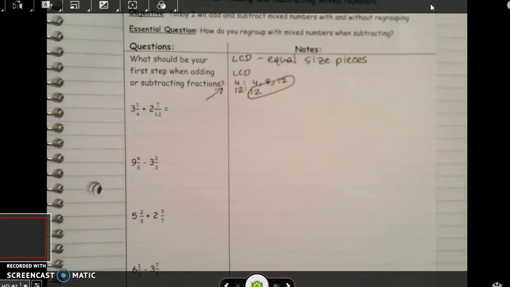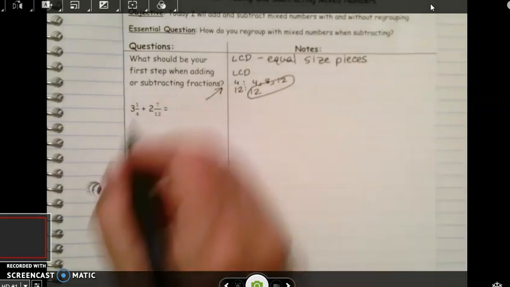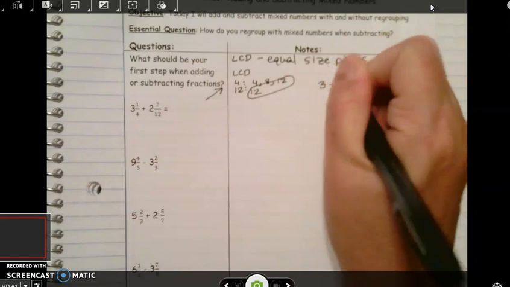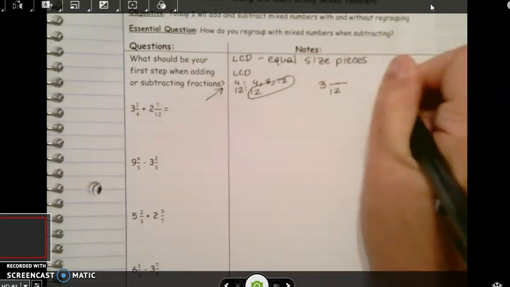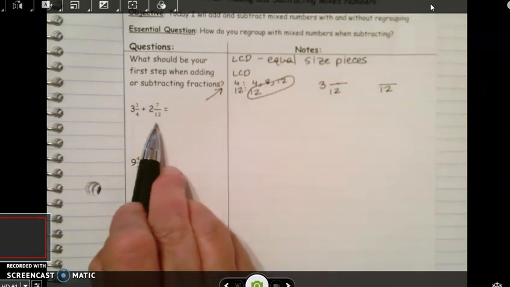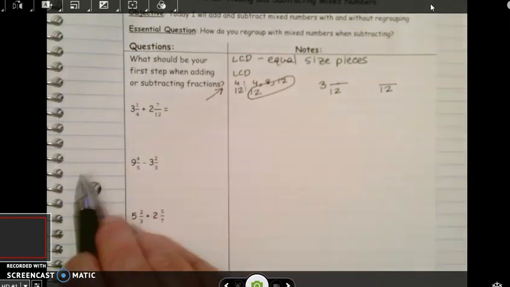So both of these I'm going to transfer over here, but I'm going to put a 12 here and a 12 here. So hopefully you know this second fraction is not going to change. You know why? Because the denominator did not change.